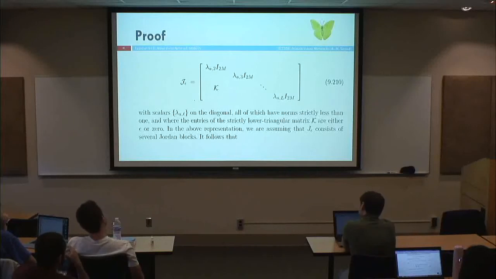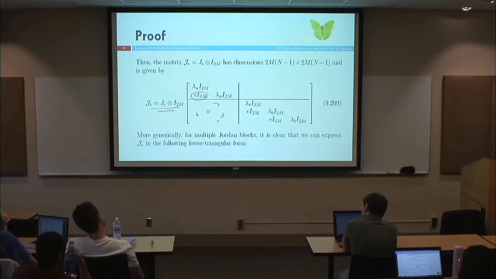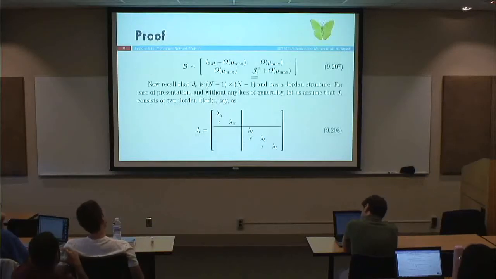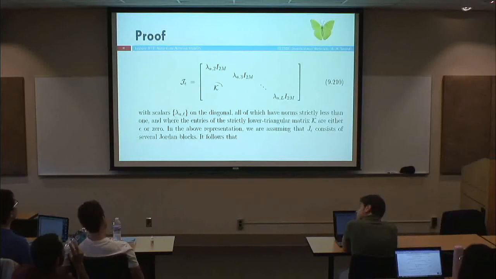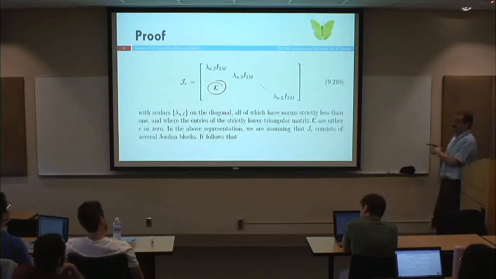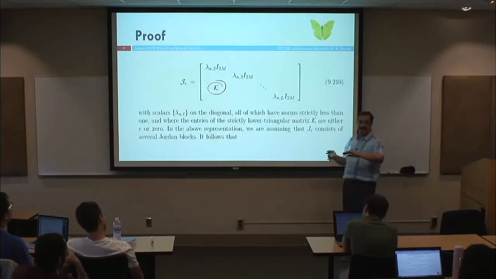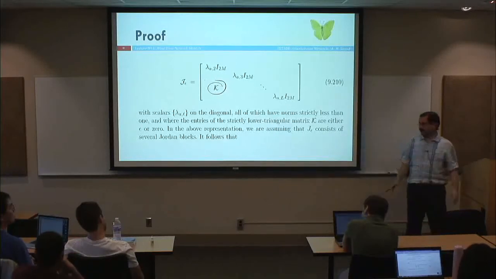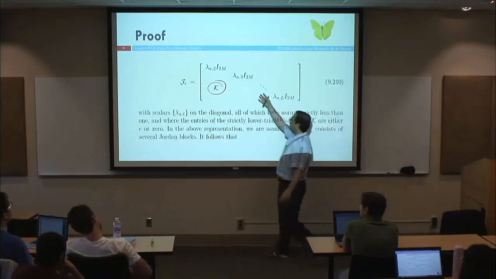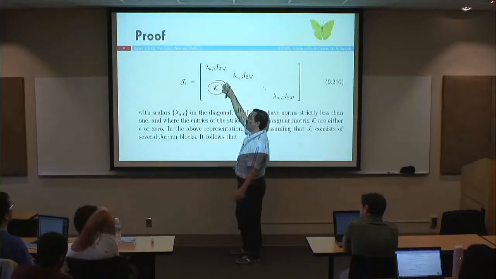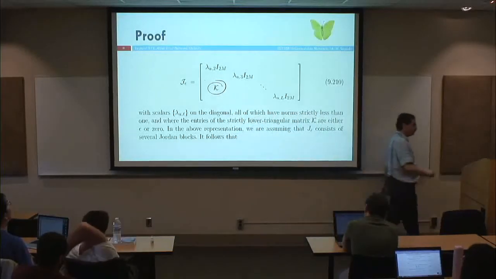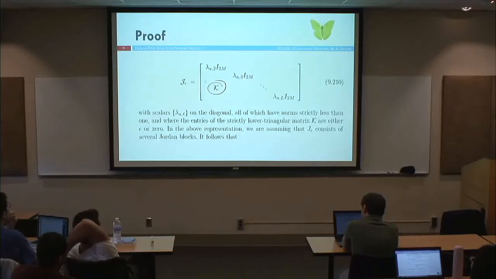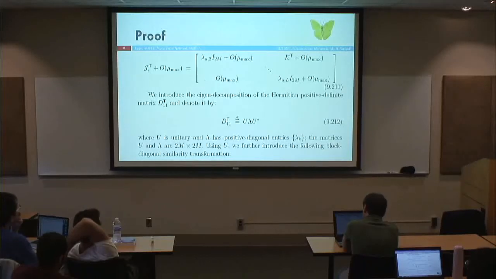So I can write this J here as these diagonals plus something down there whose entries are either 0 or epsilon. I don't need to be specific about the structure of K. Whatever is appearing here, I have either zeros or epsilon. But it is the transpose of that that appears.